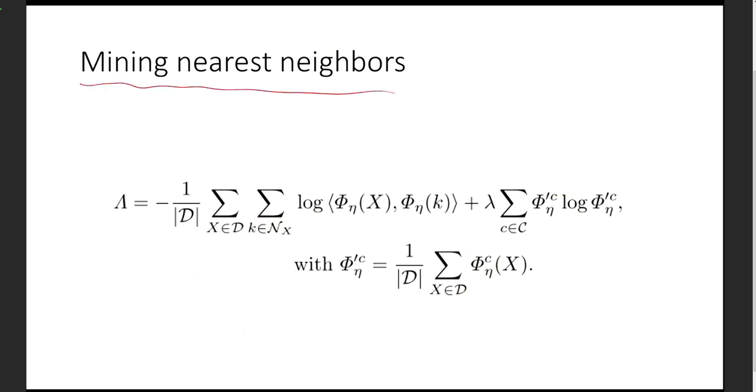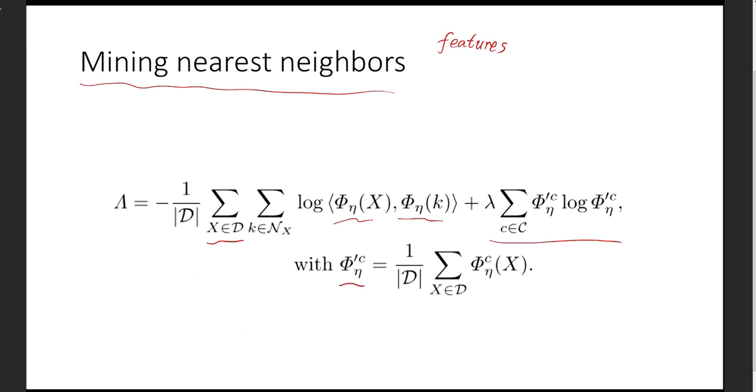Then we combine the two stages. It's called Mining Nearest Neighbors, because we first get the fixed features, and then we compute the neighbors. We want to minimize the distance to the neighbors for every single image in the data set. Then we also optimize the entropy over all data sets to assign the images to different categories.